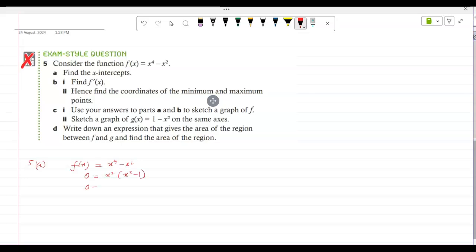Correct? This is x minus 1, x plus 1. So x square is equal to 0, or x minus 1 is equal to 0, or x plus 1 is equal to 0. So x is equal to 0, or x is equal to 1, or x is equal to minus 1.